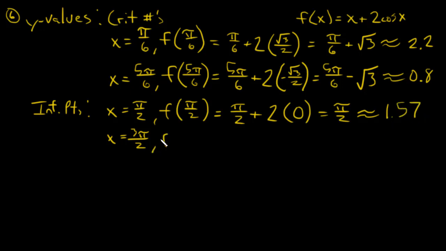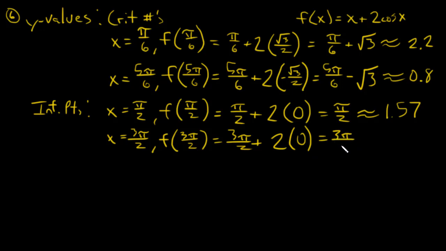And then f of 3 pi over 2 is going to be 3 pi over 2 plus 2 times 0 again. So it's just 3 pi over 2, which is approximately 4.7-ish, something like that.